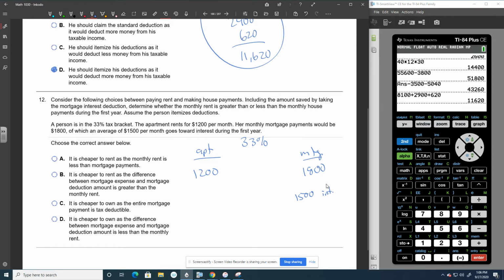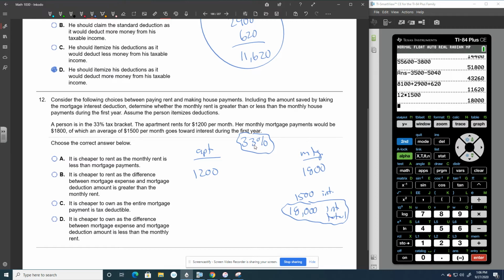So for the year, they make 12 payments, and of each payment, $1,500 is interest. So that's a total of $18,000 in interest that year. This is tax deductible, but it doesn't take $18,000 off of your taxes.